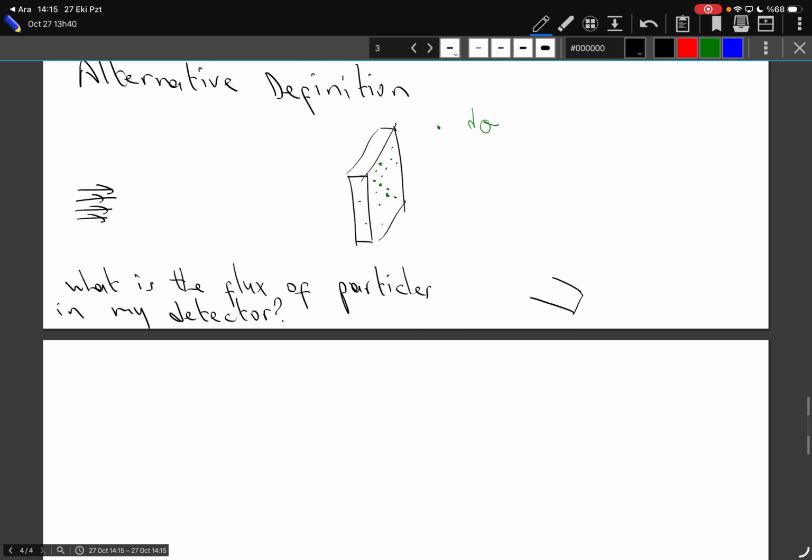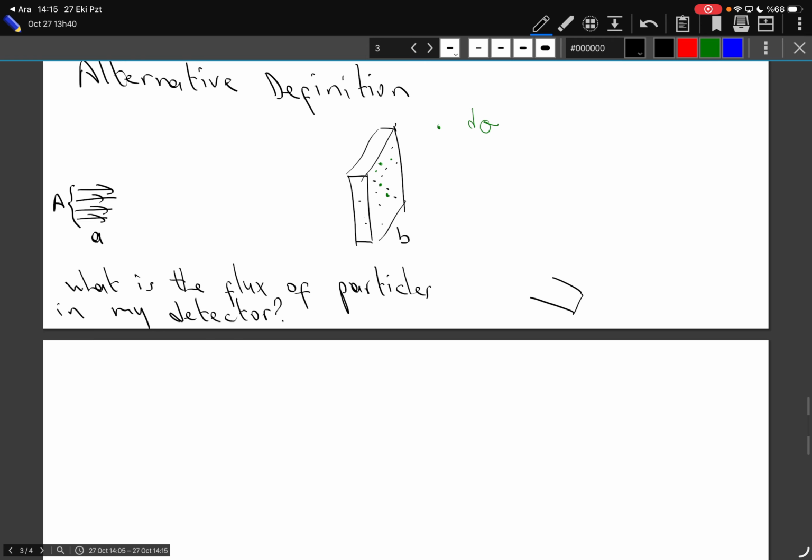Well, let's see. I know that this beam has some cross-sectional area A. The total area that I should be aiming at, let's say that these are A kind of particles, these are B kind of particles. Let me forget the thickness for the time being.